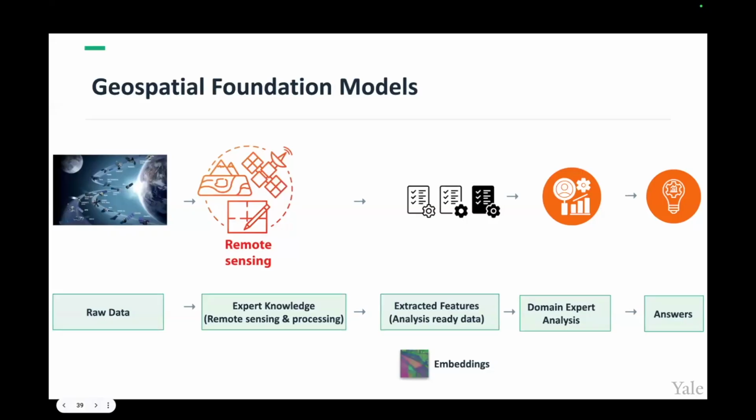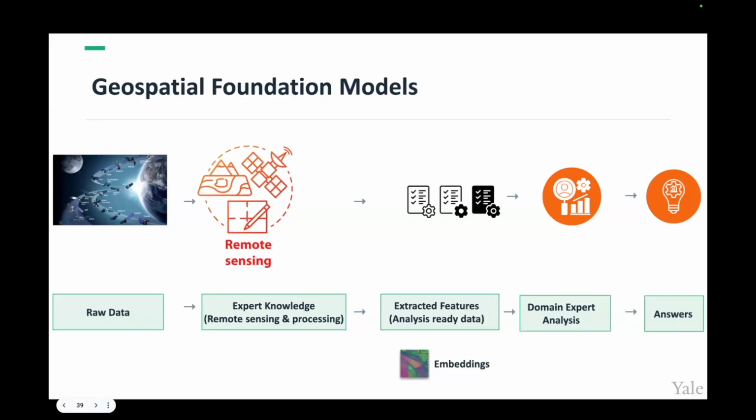The other part that we also need to talk about in 2026 is the geospatial foundation model. As they become more and more available and popular, it might be wise to look at what they are and how we can use them. One key aspect is the typical workflow with remote sensing.